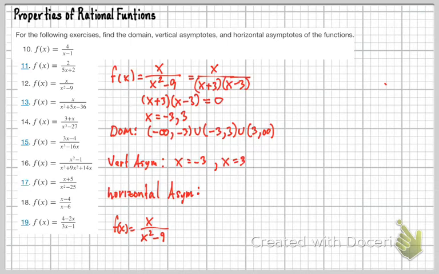So what I can do here is, the idea is let me take x equals 100. And if I take this x equals 100, I'm going to get 100 over 100 squared. So that'll be 10,000 minus 9. So that would be my y value when x was 100. So one thing you notice here is this 9 that we see here, as we continue to go out, is going to have less and less of an effect.